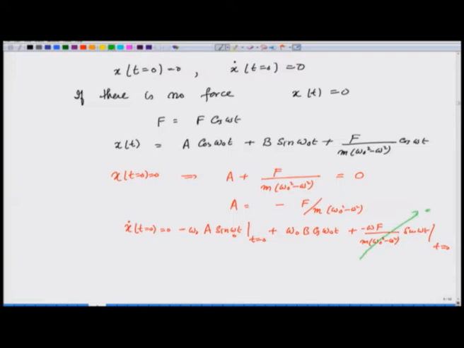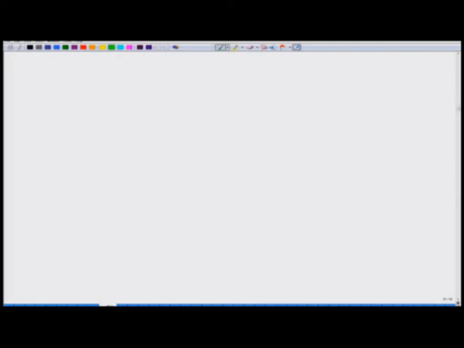Because sine 0 is 0, this term is 0. So, this immediately gives me b equals 0. Now we found our solution. Our solution of x(t) is F over m (omega 0 square minus omega square) times cosine of omega t minus cosine of omega 0 t.